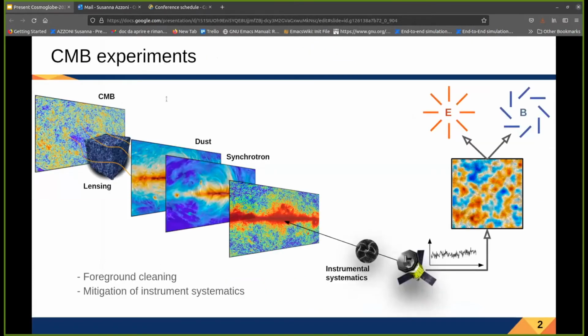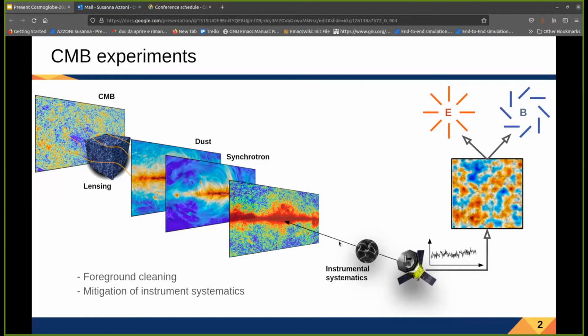Right, so my work in general is mainly related to CMB polarization experiments. In this context, as we all know, instruments observe the maps of the sky through a series of systematics, both from the sky in the form of foregrounds and from the instrument.